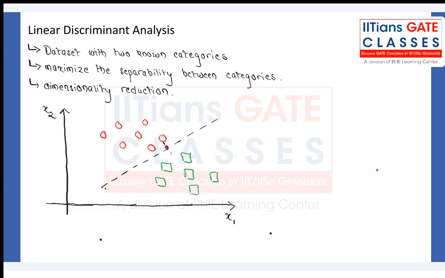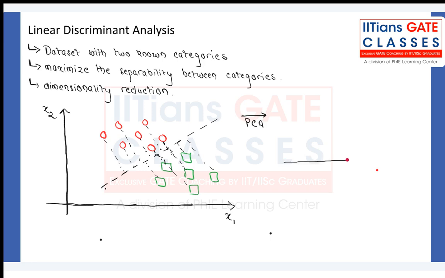Project this point here, and this point here, and so on for all the points. And what would PCA do then? PCA will draw you a single line.